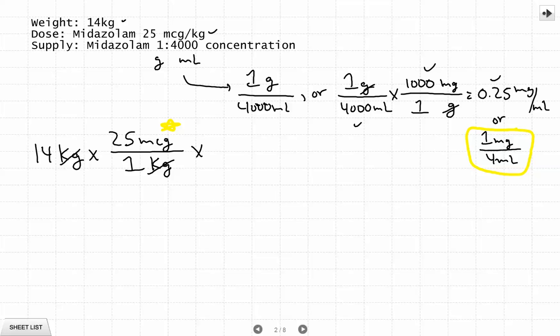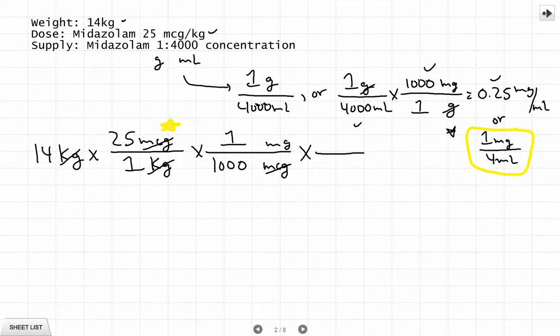So I need to get out of micrograms and into milligrams, because then that will allow me to use this last piece of information over here to change milligrams into milliliters. So from your conversion sheet, you know that 1 milligram contains 1,000 micrograms. So bye-bye micrograms and hello milligrams.